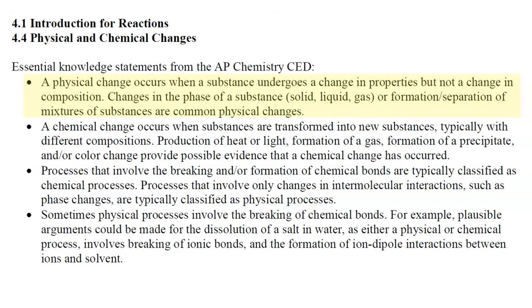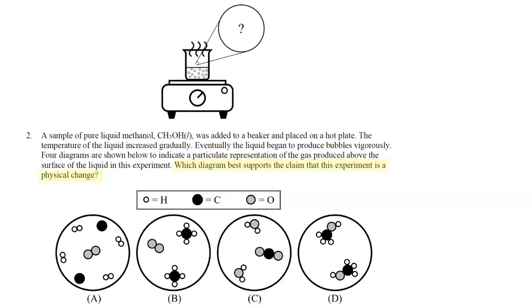a change in composition. Now, we already know that the formula of methanol is CH3OH. So if all we're doing is changing it from a liquid to a gas, then the formula of the gas should still be CH3OH.